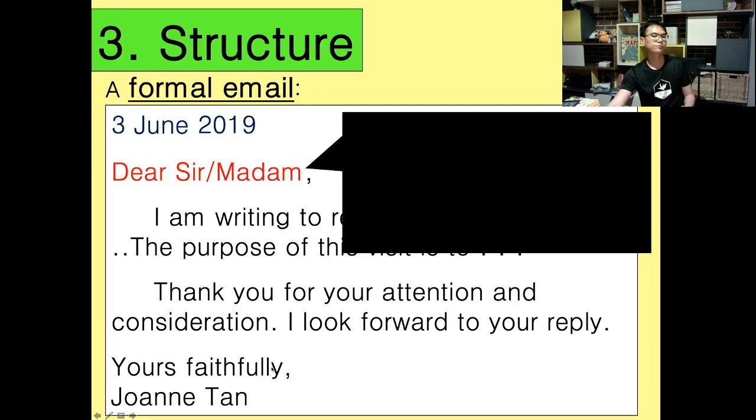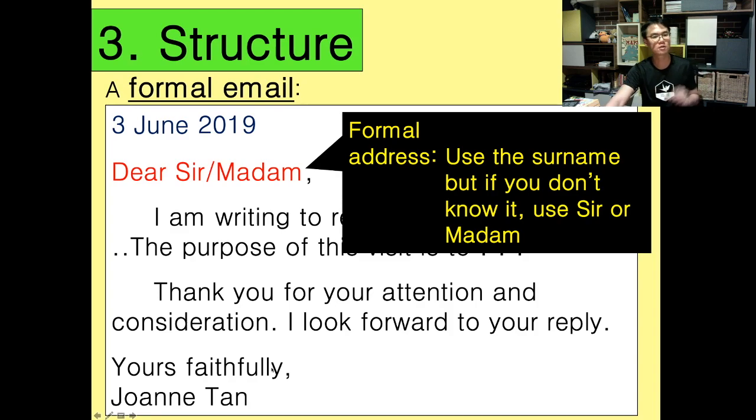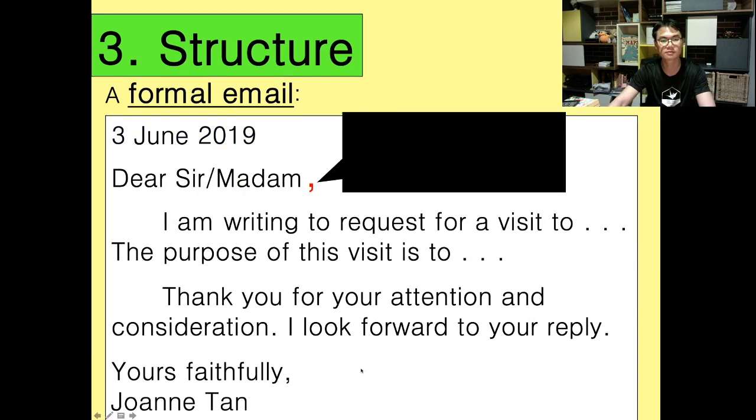Let's break it down. Formal address: always use the surname of the person you are writing to, Mr. Tan, Mr. Lim. But if you don't know the name, use sir or madam. If you don't know whether it's a boy or a girl, sir/madam will be the safest. When you use this, always put a comma.